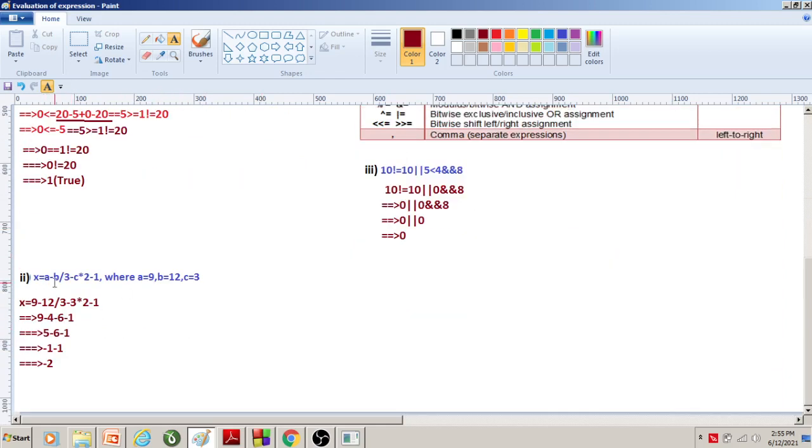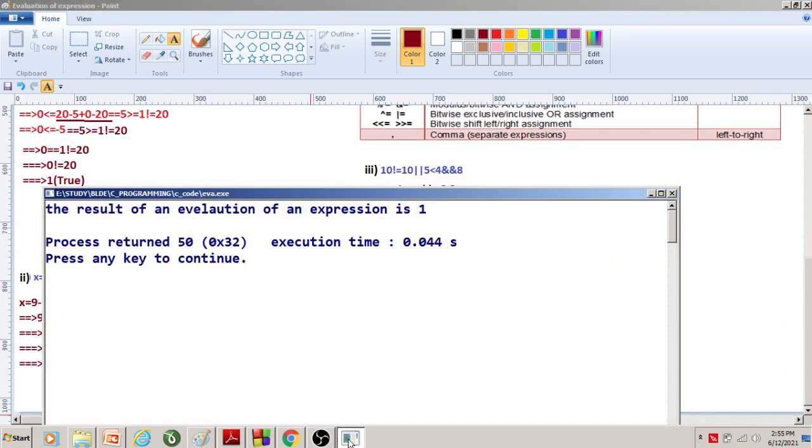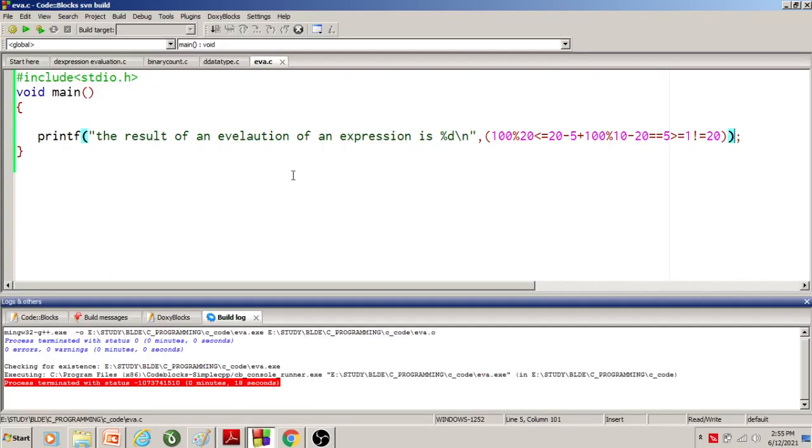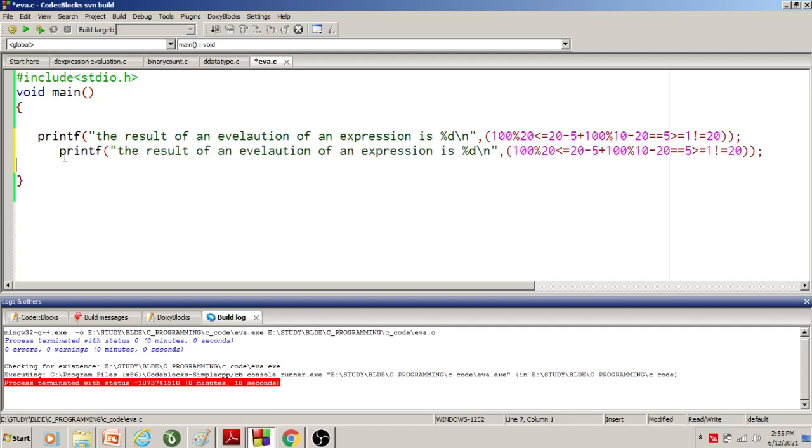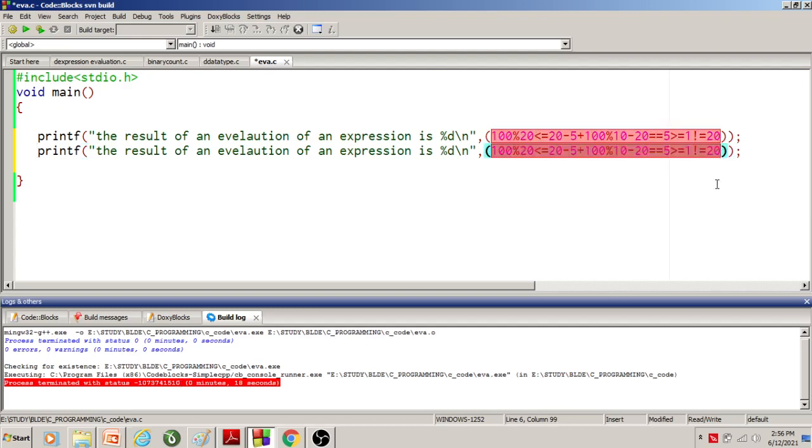So let us check with this expression. Again I go to this code and insert an expression. Our expression is a minus b minus c.